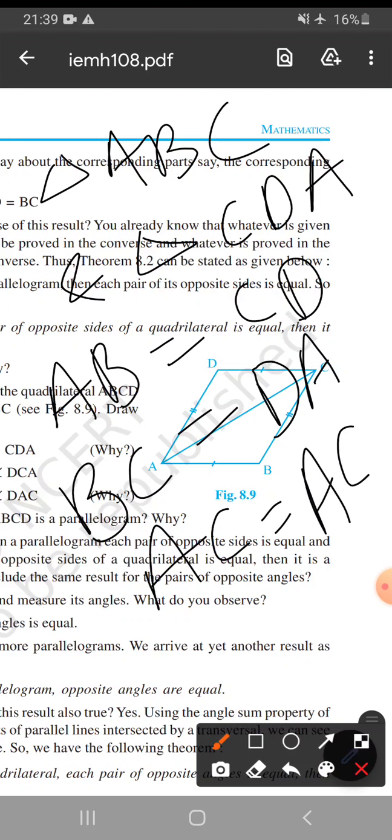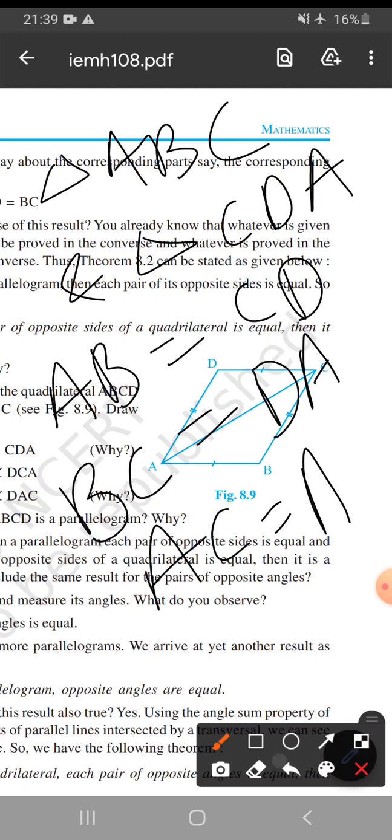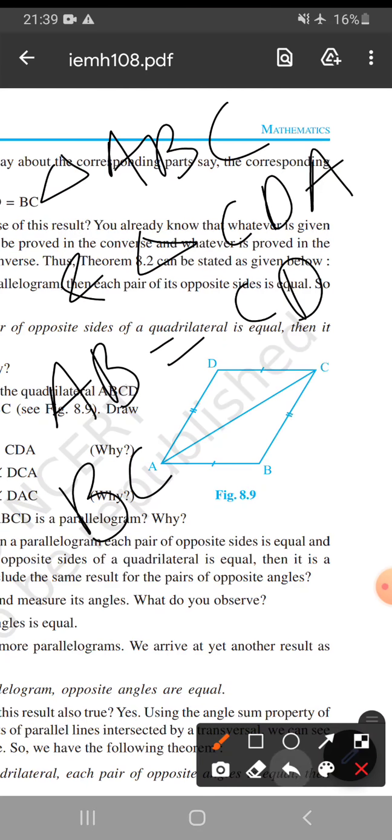It is common, these two are given and this side is common, so we can say that these two triangles are congruent. And if these two triangles are congruent, then we can state that this angle and this angle will be equal, and also this angle will be equal to this angle, right?